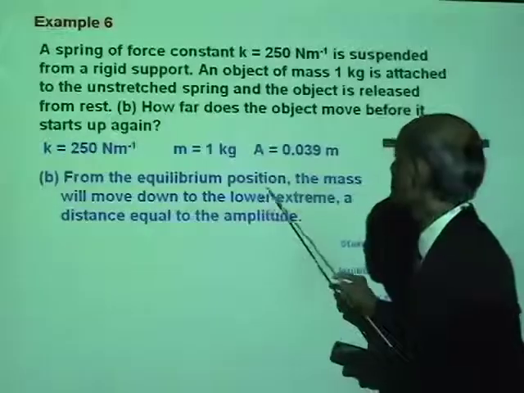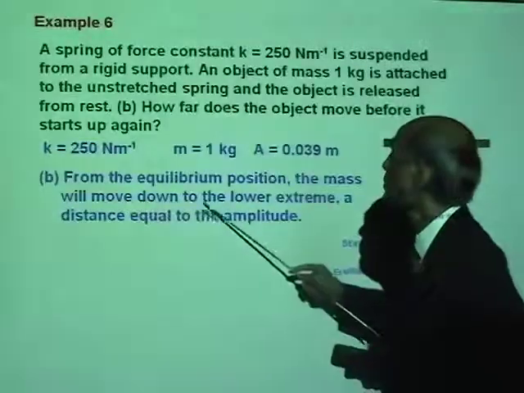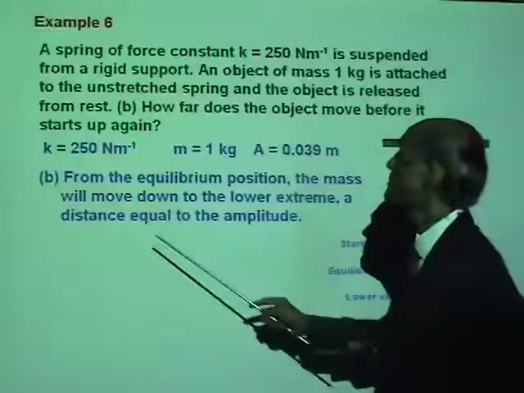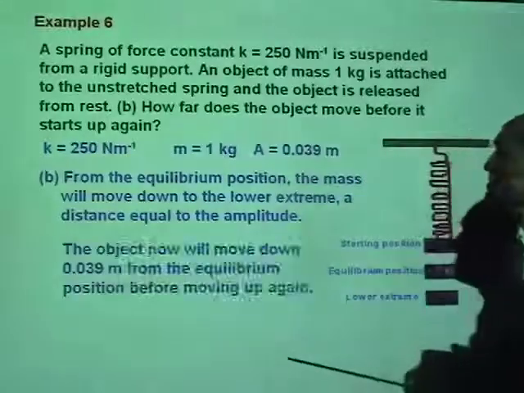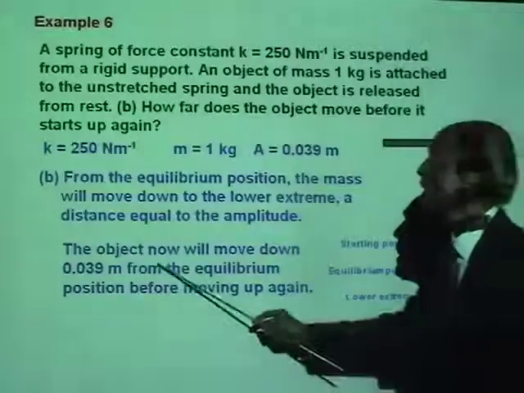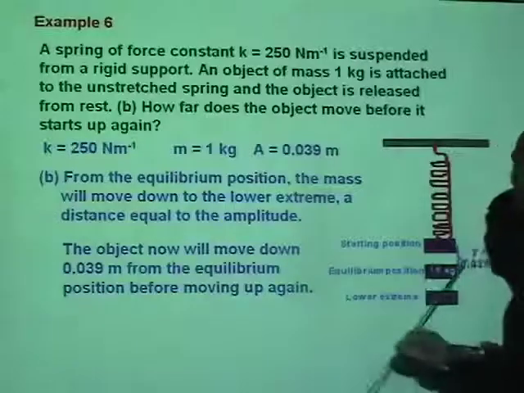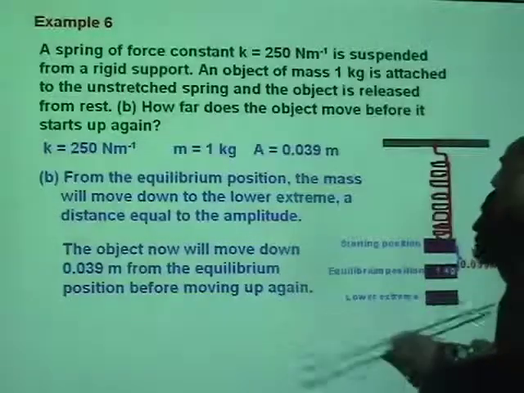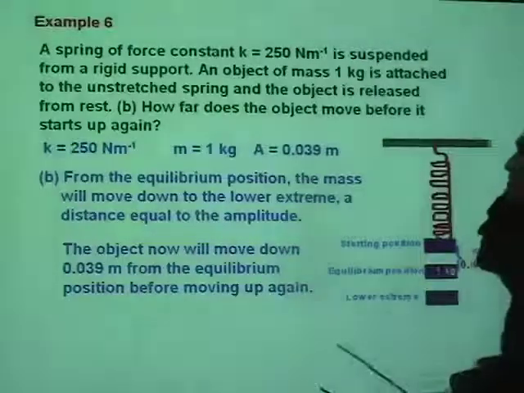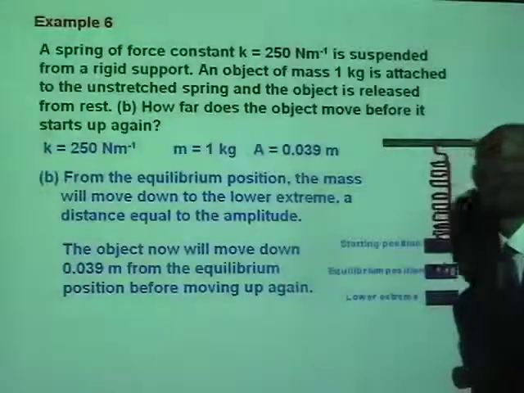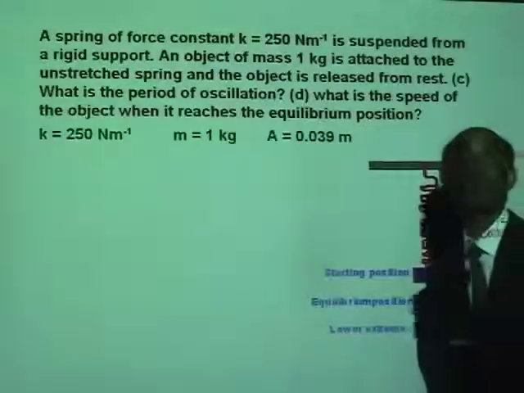From the equilibrium position, the mass will move down to the lower extreme, a distance equal to the amplitude. The object will now move down 0.039 meter from the equilibrium position before it moves up again.